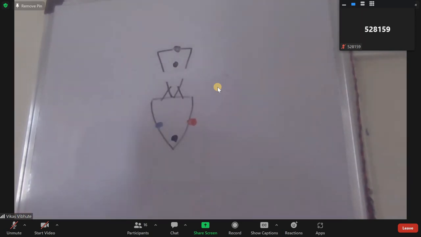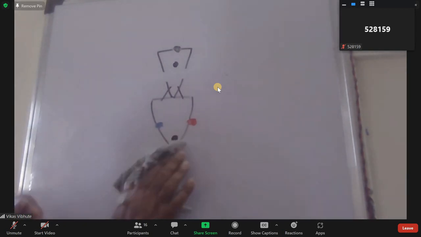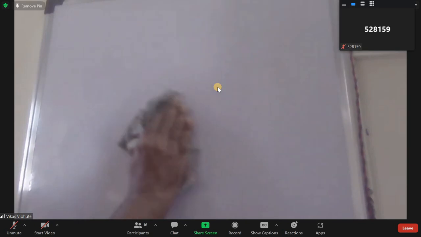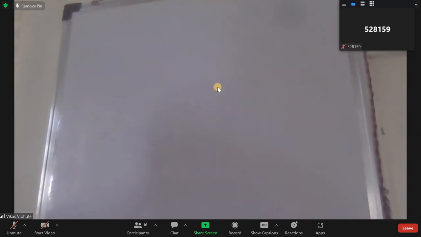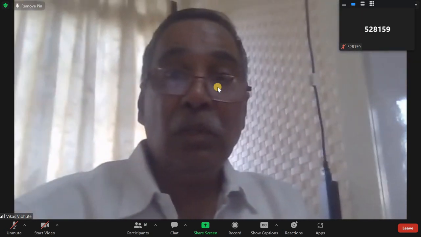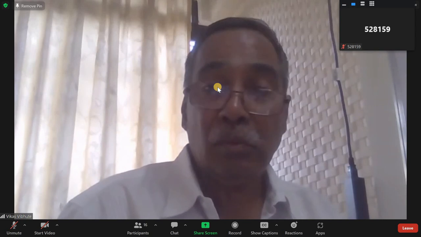The power vessel lights will be shown. Clear. That's about towing.